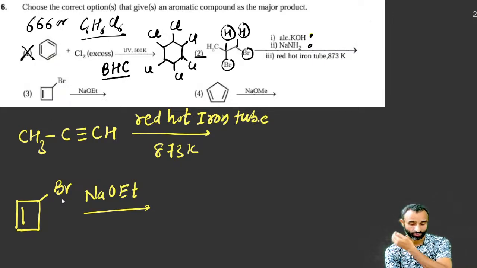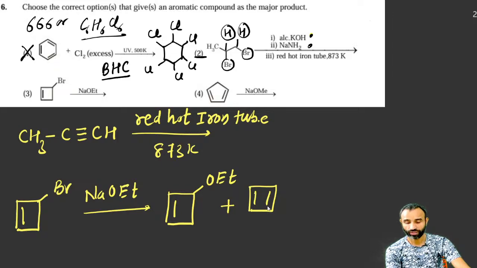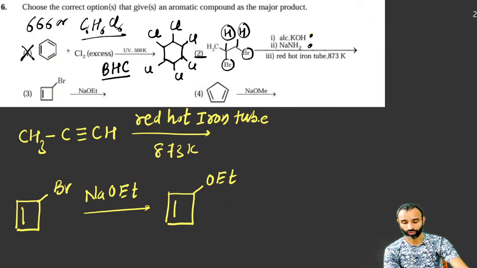The first product is this one along with NaBr, and the second product should be this alkene, but this is highly unstable because it is anti-aromatic, so this product cannot be formed. So the product formed is this one only, and it is not aromatic. So third is not the right option.